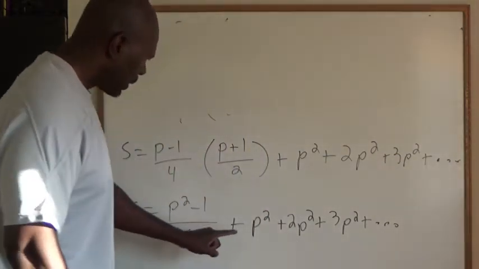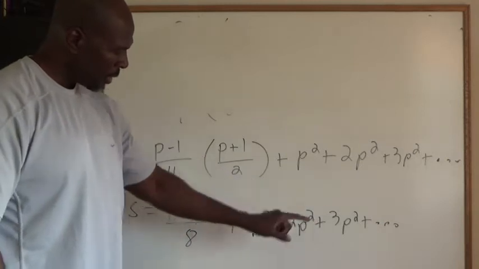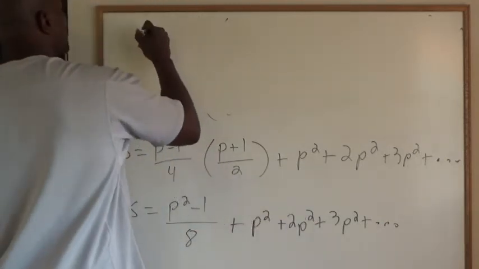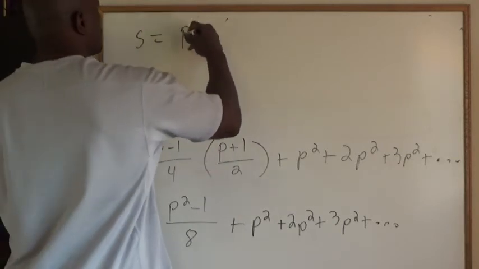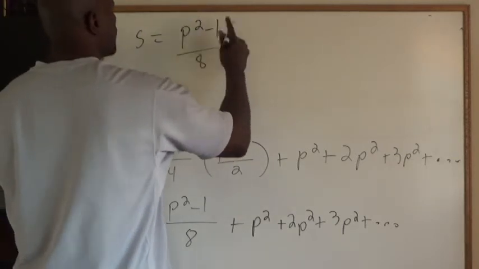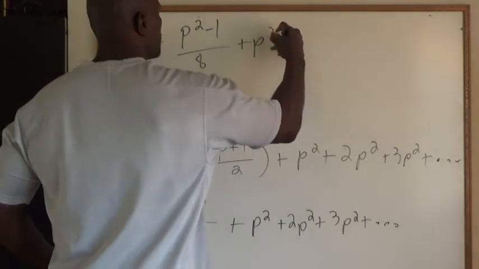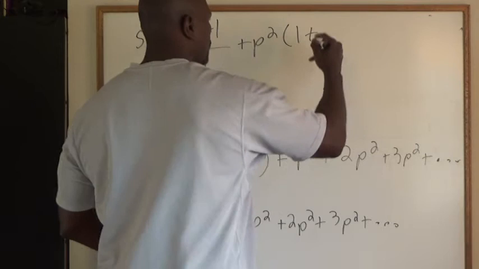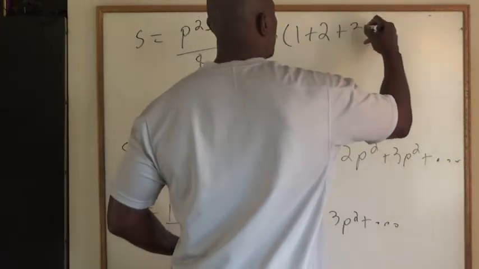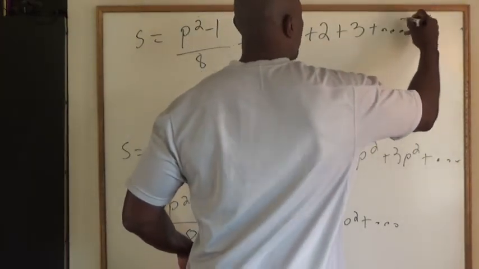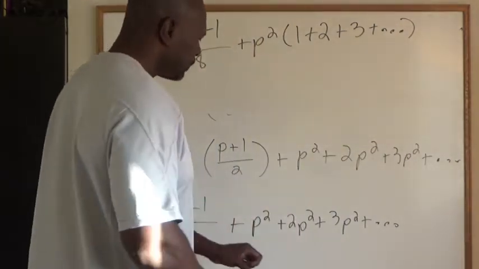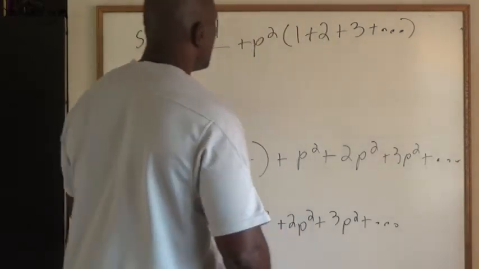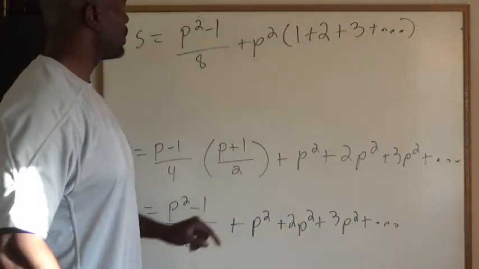Now we can factor the p squared out of all these terms. So there's a p squared in all these terms, of course. So S is (p squared minus 1)/8 plus p squared times (1 plus 2 plus 3, etc.). If I take p squared from p squared, I get 1. p squared from 2p squared, I get 2. From 3p squared, I get 3, etc. And we know this is S, correct?